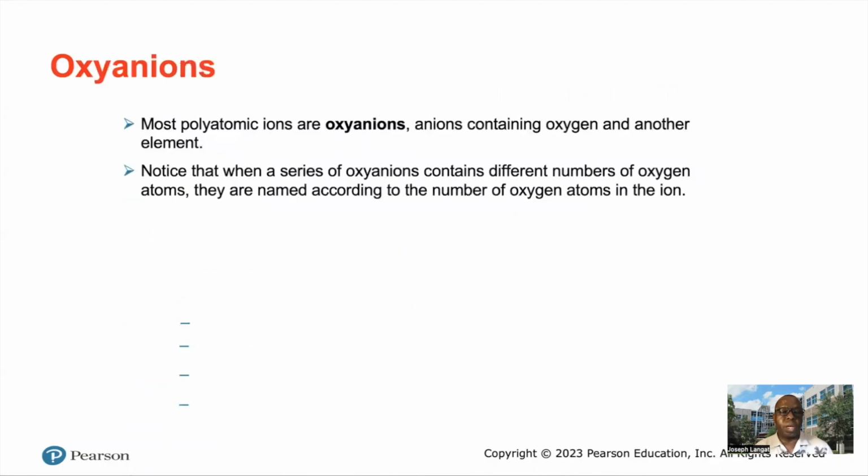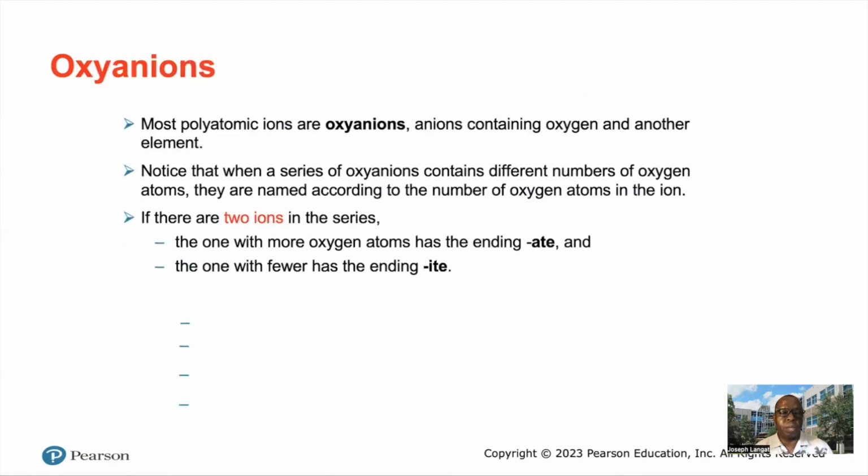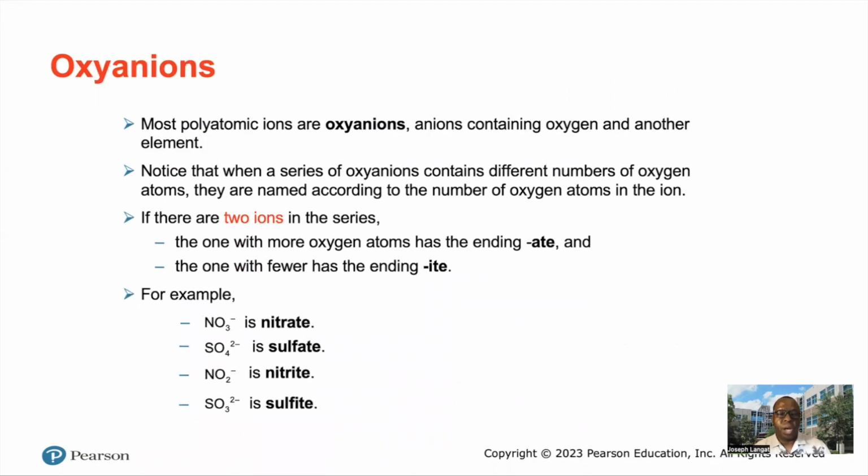Let's look at the example here. I have given you nitrate, nitrite, sulfate, sulfite. This is the use of ATE, ITE. Teach yourself. You can devise your own method, the easiest way for you to recall this.